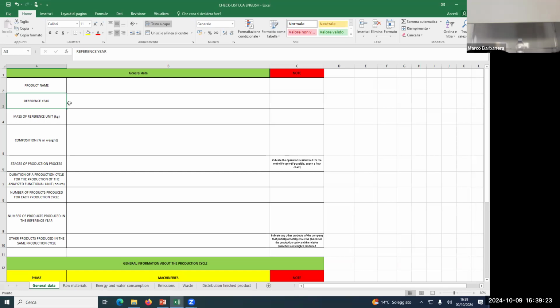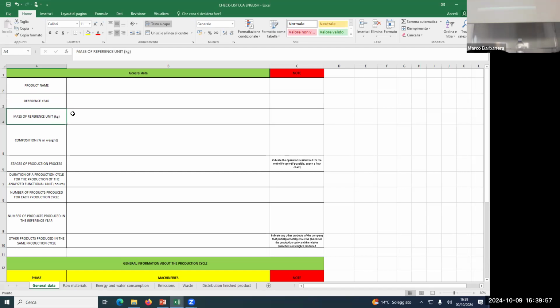Not 2024, but 2023 is the most recent year. But we also have the possibility to select another year, for example, 2022, 2021, but when we want to collect inventory data, it's important to define on which year our analysis is based.